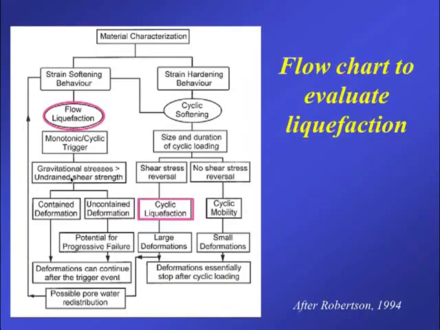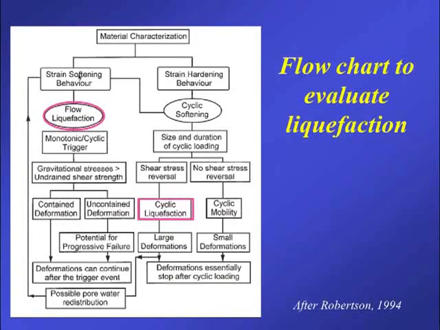You need the gravitational shear stresses to be larger than the ultimate undrained shear strength, and then it can either be contained or uncontained. If it's uncontained, then you can get the potential for progressive failure, and of course deformations can continue well after triggering. So once you've triggered instability, deformations then continue afterwards. So if the triggering is seismic, the earthquake may actually end, and then failure may occur after the earthquake.